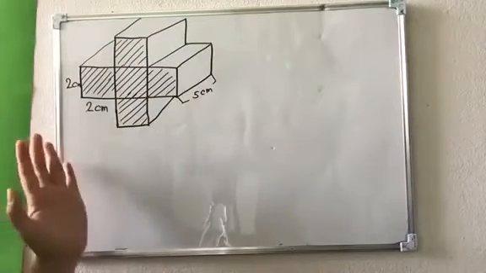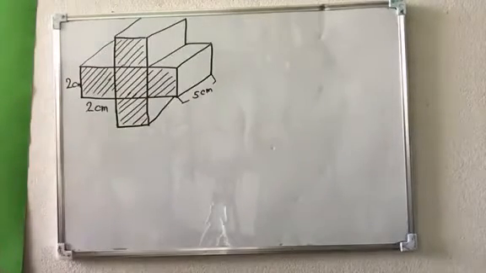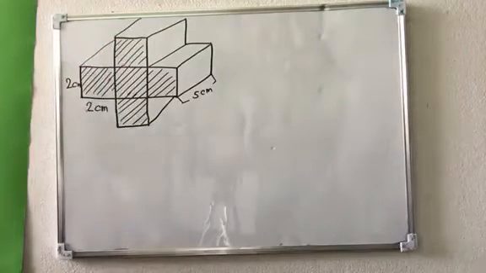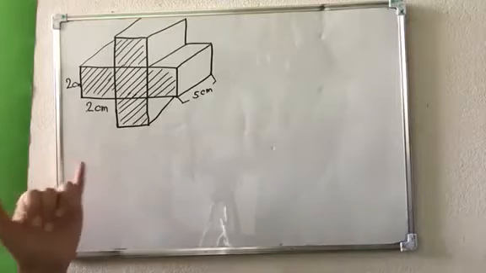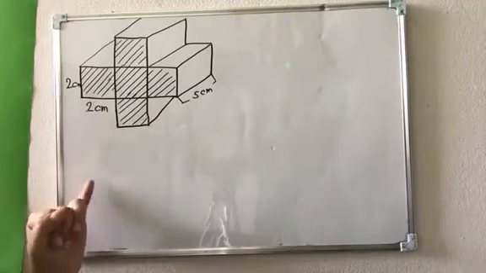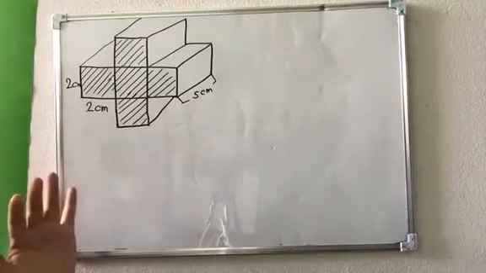Before that, let's identify the area of our base. As you can see, we can find a 2D shape here, squares of course. We have 1, 2, 3, 4, 5 different squares. So let's find the area of our base, which is this square.